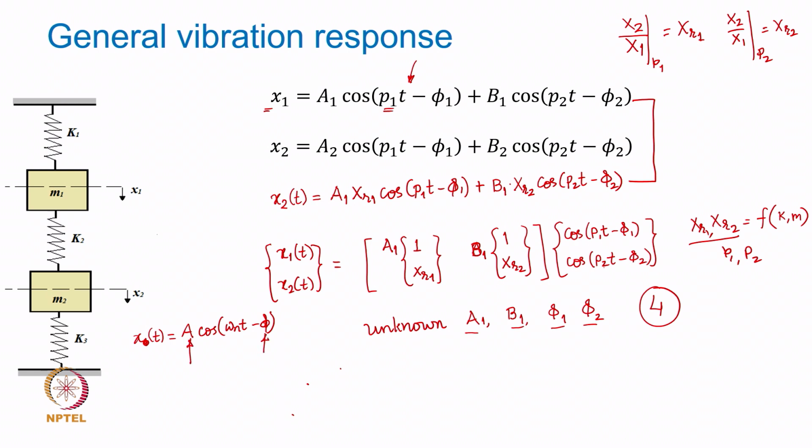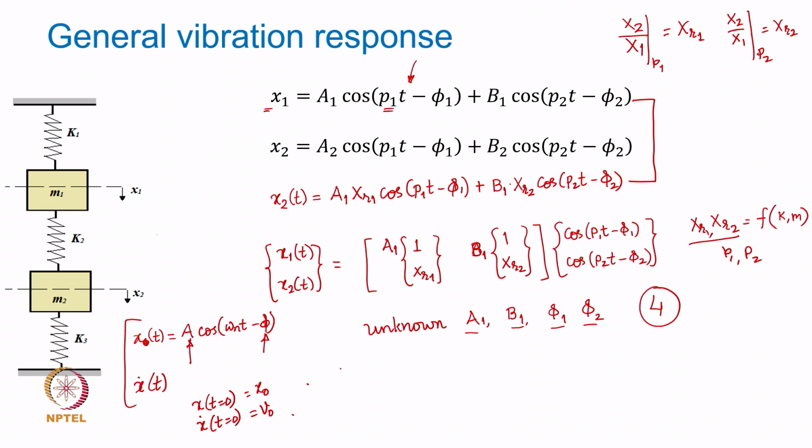A and phi were the two unknowns. How did you get them? You found the expression for the velocity and used the initial conditions, x at t equal to 0 and x dot at t equal to 0, as x naught and v naught, using the two expressions, displacement and velocity.